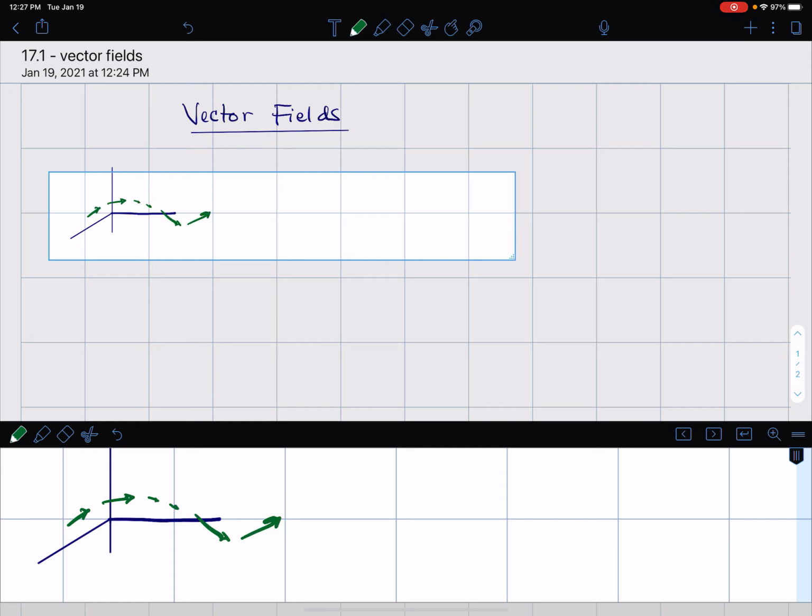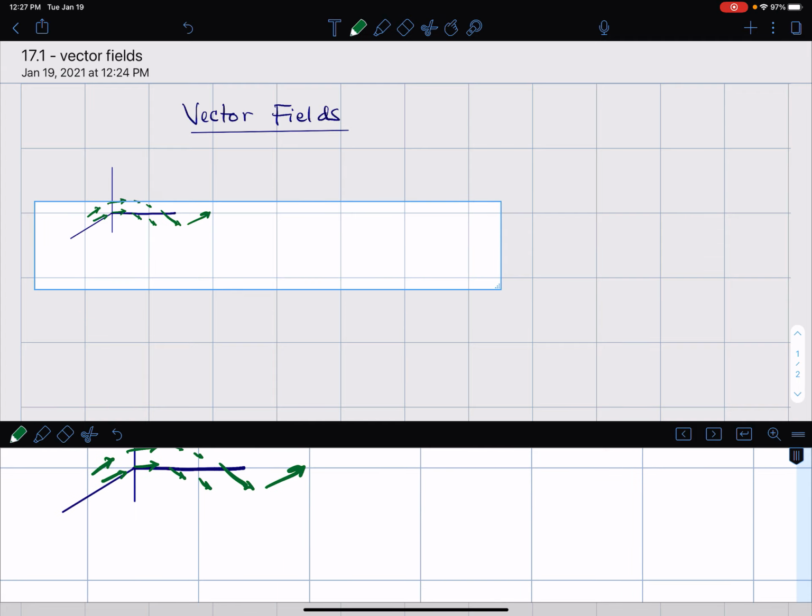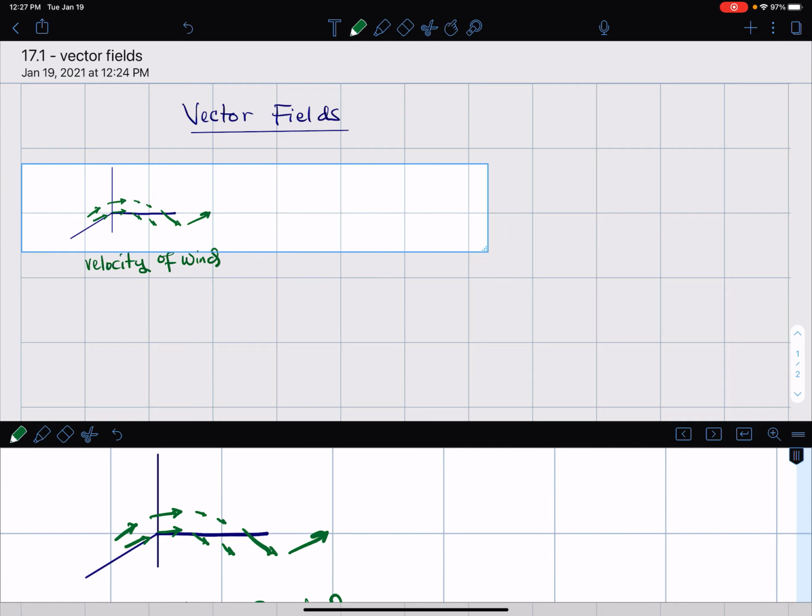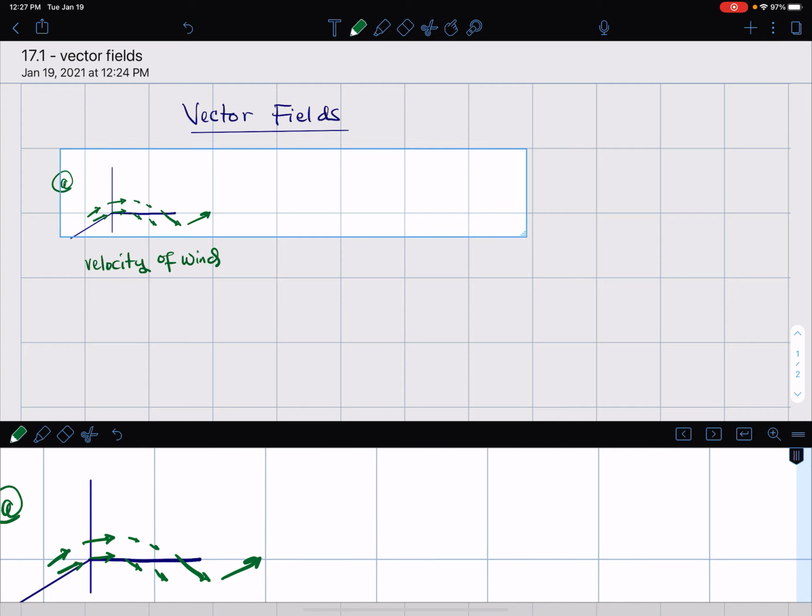I'm taking the length of the vector that I'm drawing to be how forceful the wind is. So this is the velocity of wind or breeze. Okay, so this is my first example.